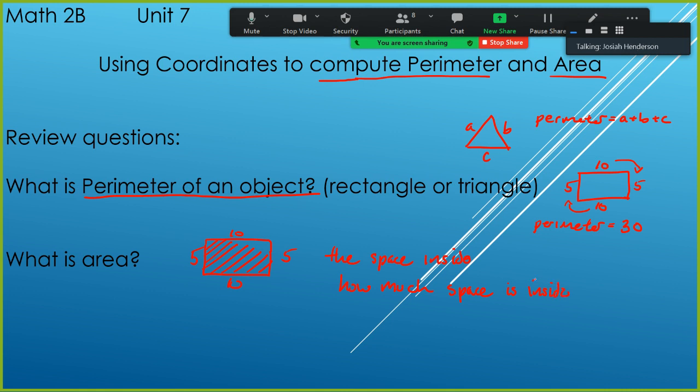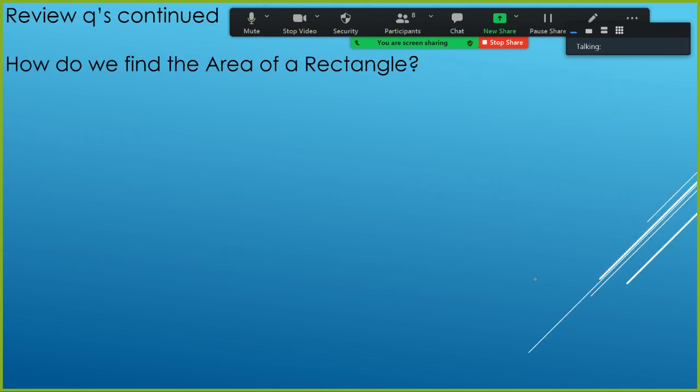Let's really quick review how to compute both of these now. So we kind of did a perimeter review already with our 5, 10, 5, and 10. How do we find the area of a rectangle? So we have, let's use the same one we've been using, 5 and 10.